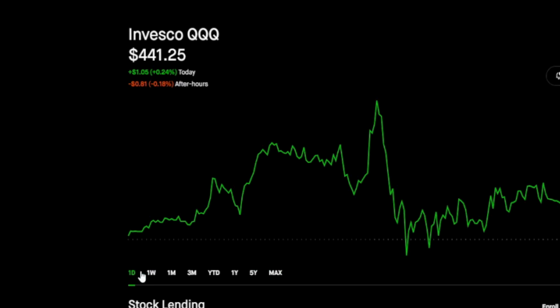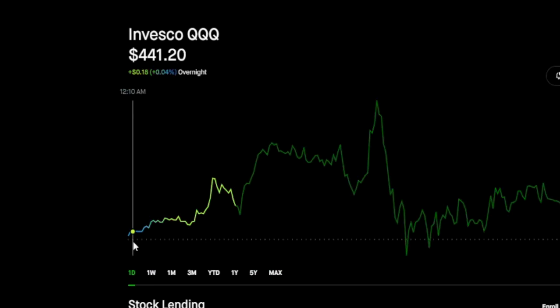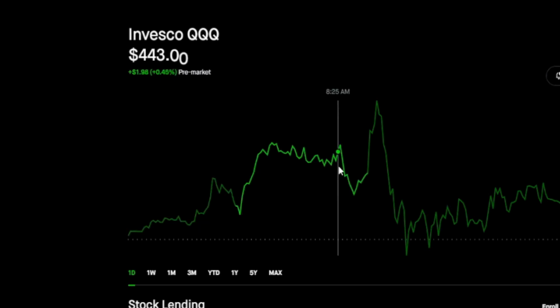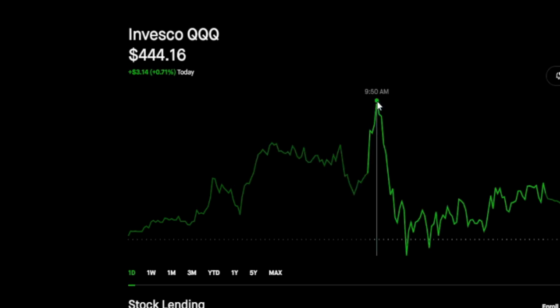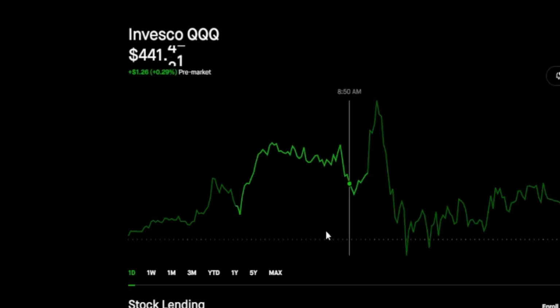So it says that for today, QQQ has been rising, started falling a little bit, and then it rose up again from 9 a.m. all the way to 444.16, and then it dropped down all the way to 440.66 at 11:55 a.m. and then it's been dangling up and down since morning.